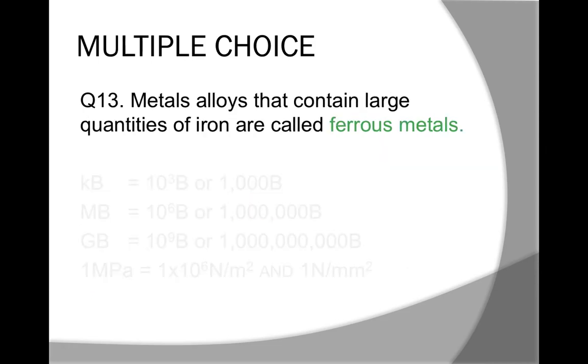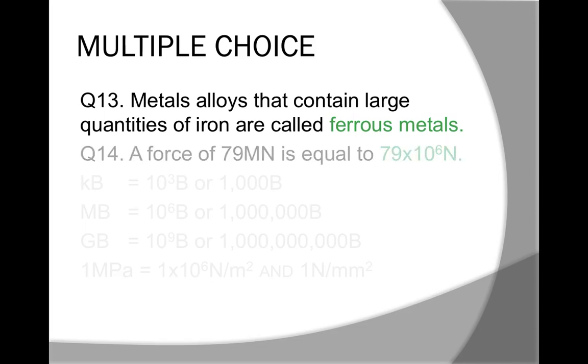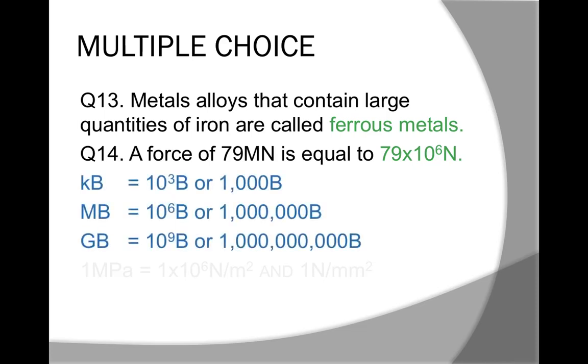Question 13. Metal alloys that contain quantities of iron are called ferrous metals. A force of 79 meganewtons is equal to 79 times 10 to the 6 newtons. We have a kilobyte, a megabyte, a gigabyte.